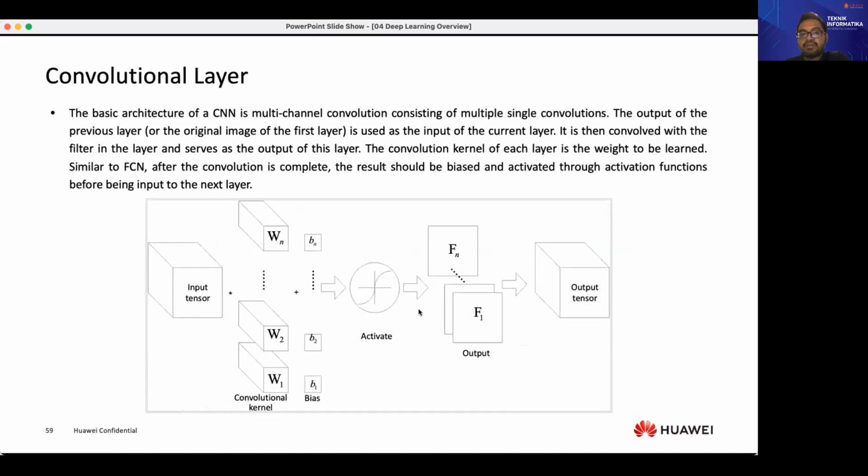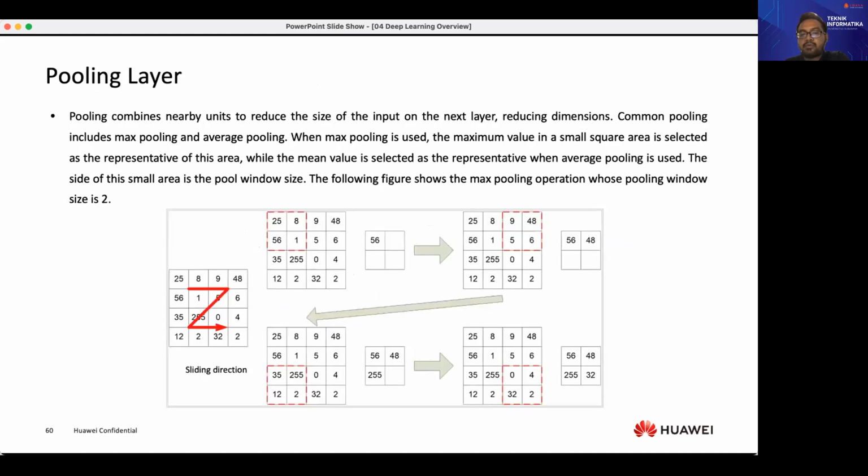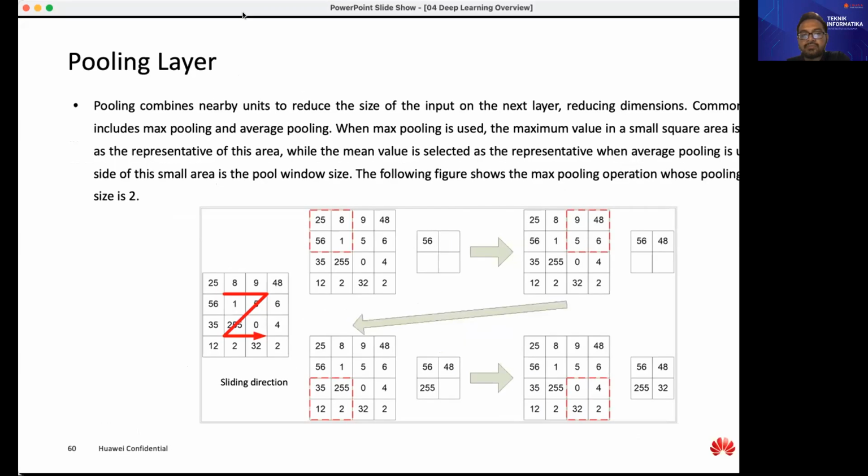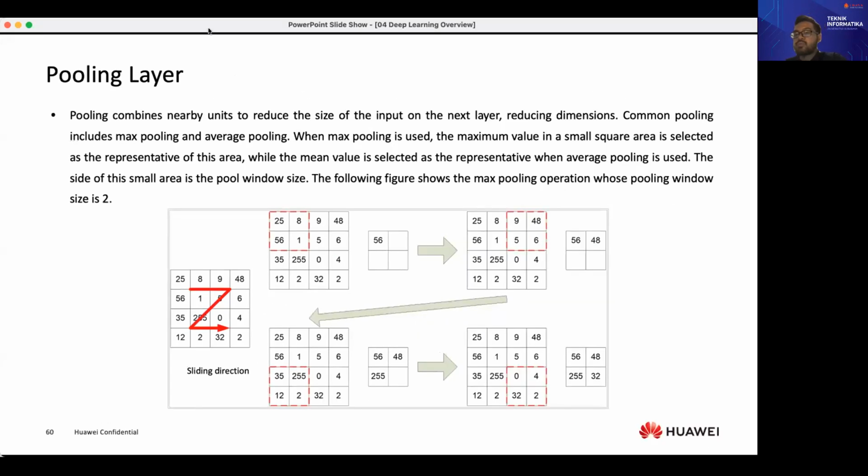And we also have the pooling layer, right? The pooling layer means after the convolution process, we will get a new extracted image. Then after that, we will get the maximum value of each 2 times 2 pixels. It depends on the parameter that we set. Like I was mentioning before, we use the pool size equal to 2,2.